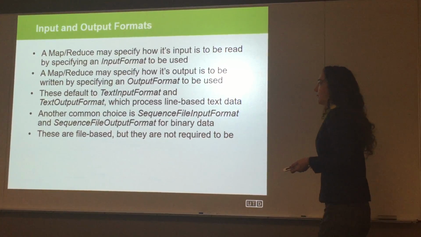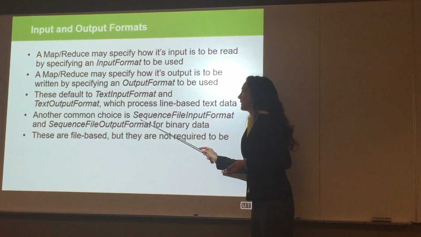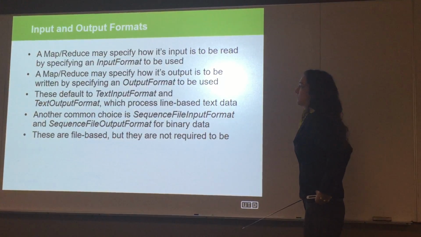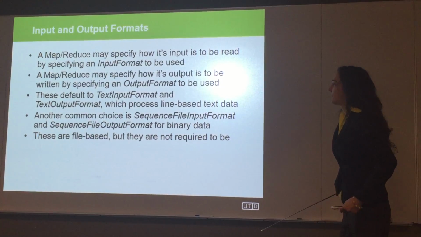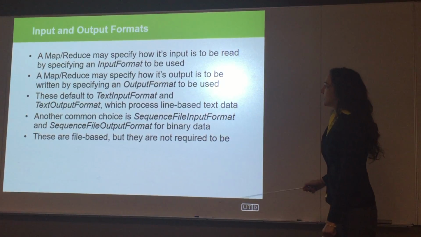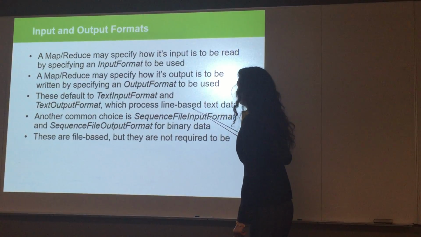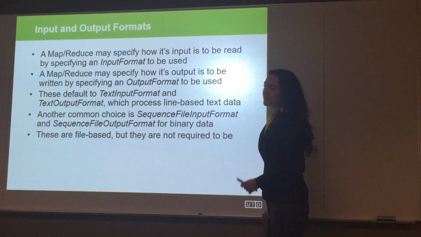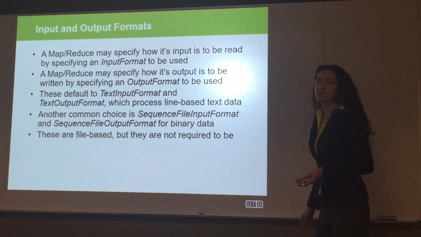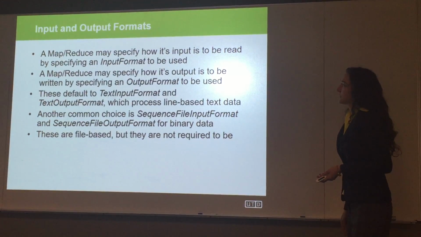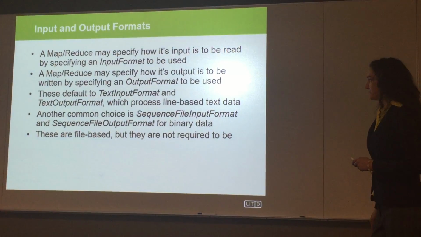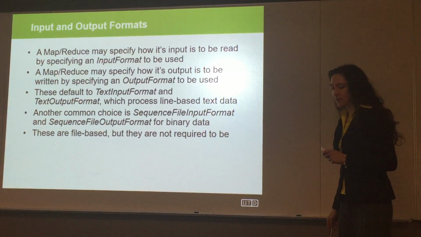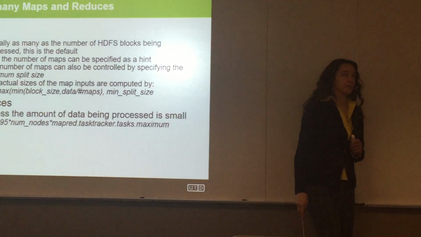For example, if we have binary data, we can say that we want this to be read in a sequence, so we can say sequence file input. If we want line-based reading, because it's a text file, we can say read line by line, so text input format. This is not required to be used.